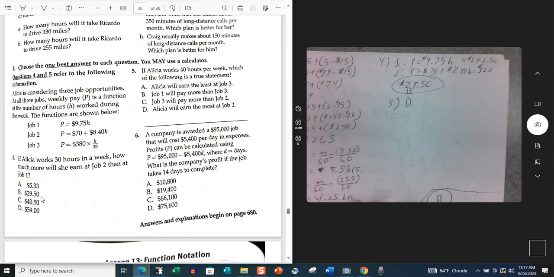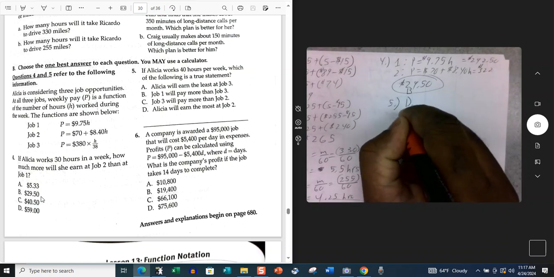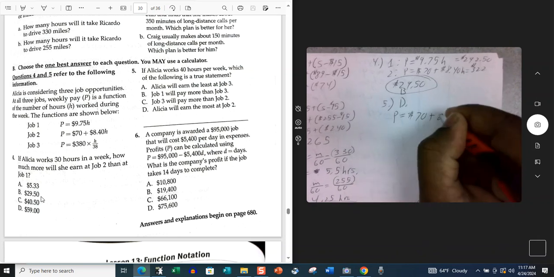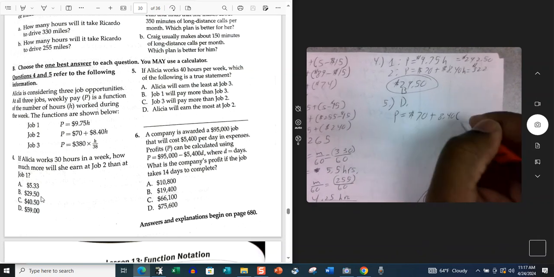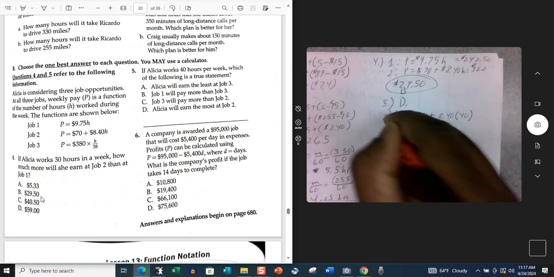So what you would do, you would substitute in all of them and then see that job 2 actually pays the most. But I'll prove to you that job 2 pays more than the others. So it'd be P is equal to 70 plus 8.40 times H, which is job 2, and H is 40. So this is job 2.